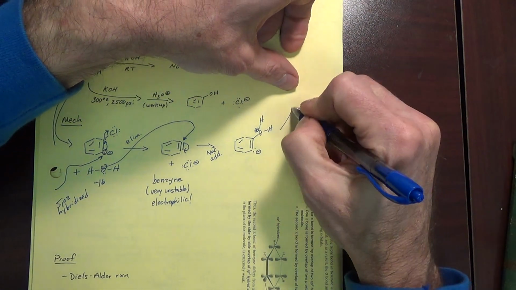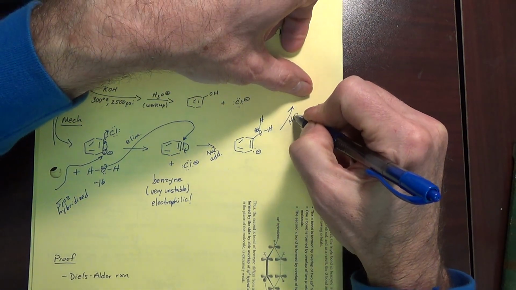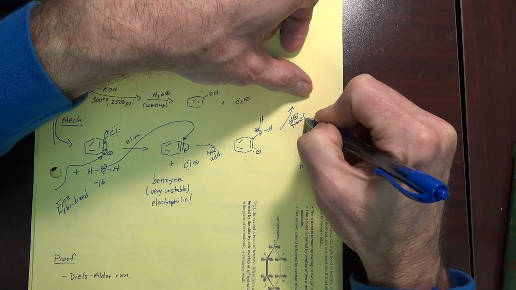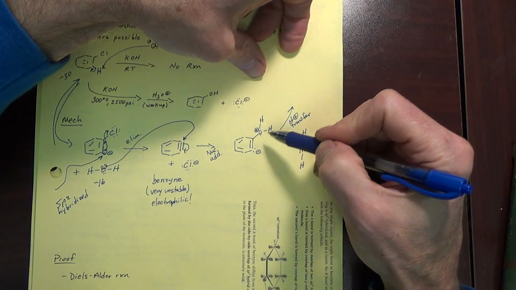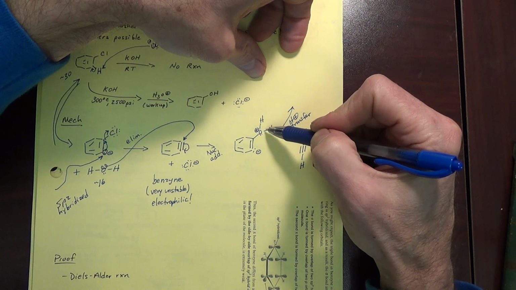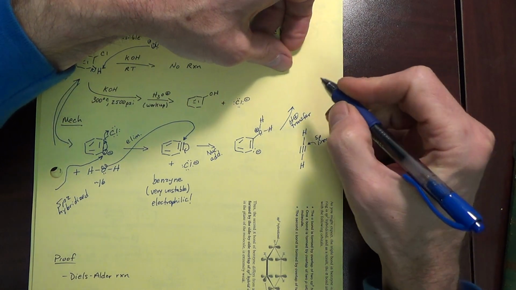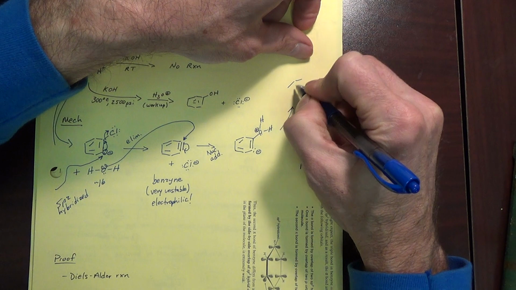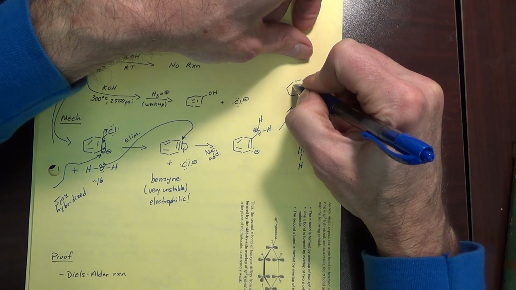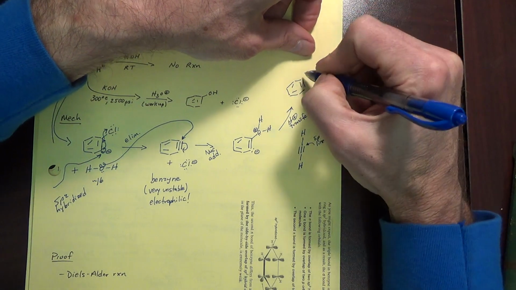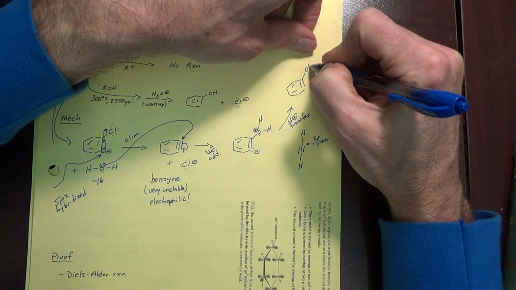Now at this point we will do H plus transfer, because this looks like a base, it needs a proton, and then this looks like it needs a base to take a proton to go neutral. We've talked about proton transfers before. They're probably intermolecular. We don't need to show a mechanism.